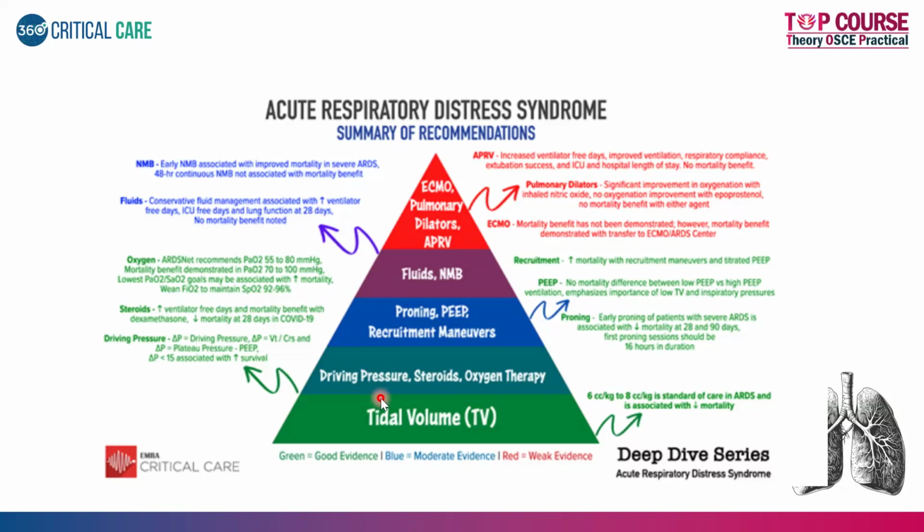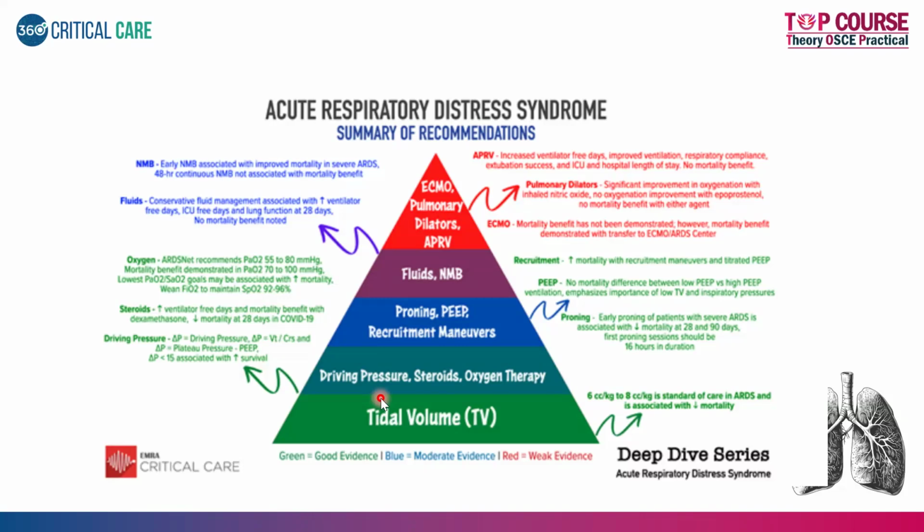Coming to fluids and neuromuscular blockers, conservative fluid versus liberal fluid, the FACTT trial did not show an overall mortality benefit. But having said that, it definitely did show a reduction in the number of ventilatory days as well as the length of ICU stay. So by that you should understand that conservative fluid is a better way and the way forward in patients with ARDS.